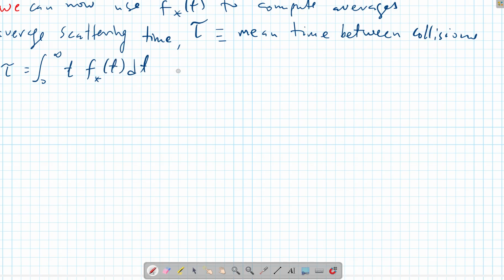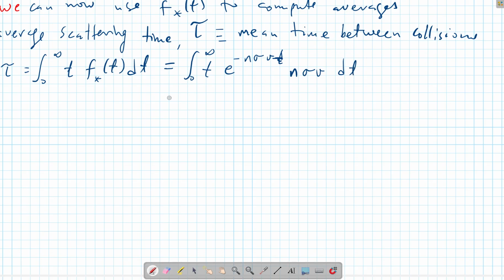We make this integration. I hope you remember this. So making the substitutions and doing the integration, you're then going to have e to the minus n sigma v t and n sigma v dt.